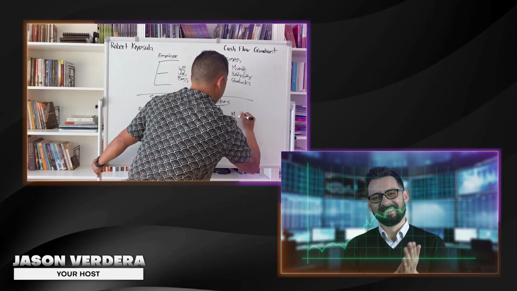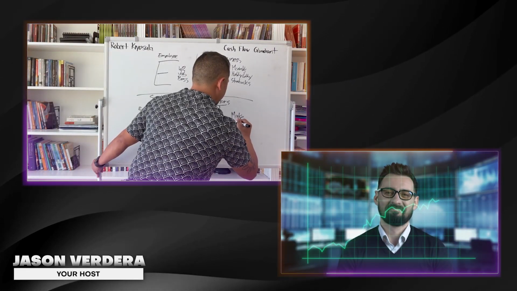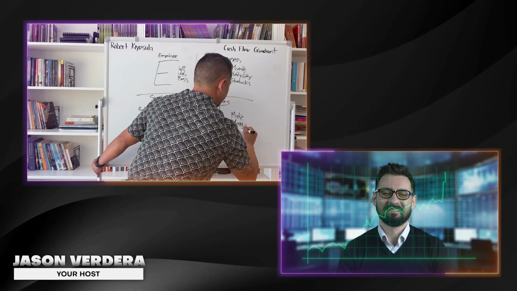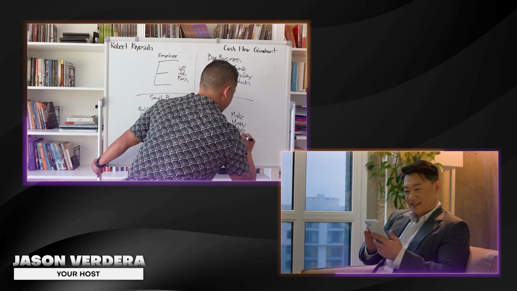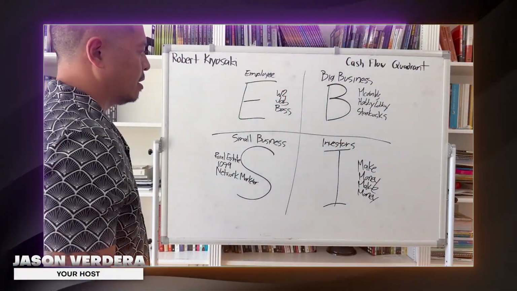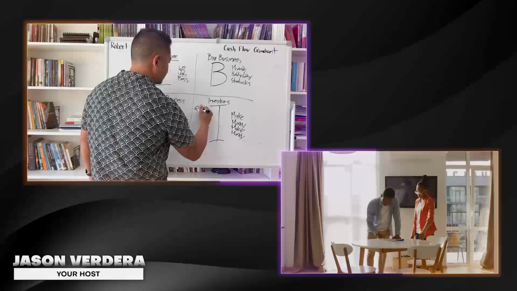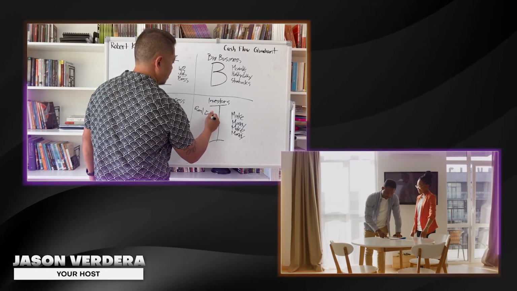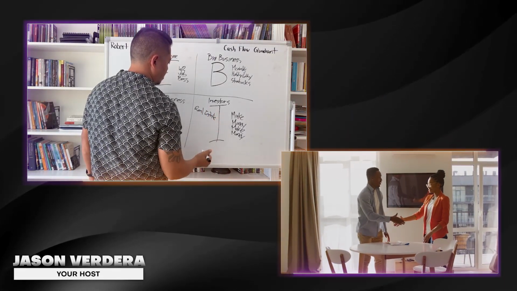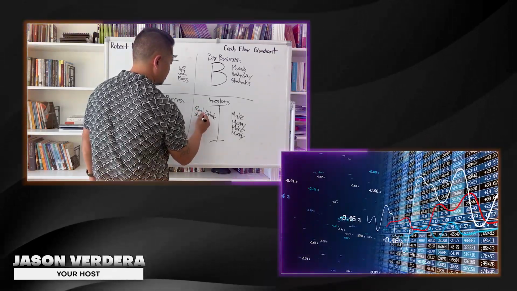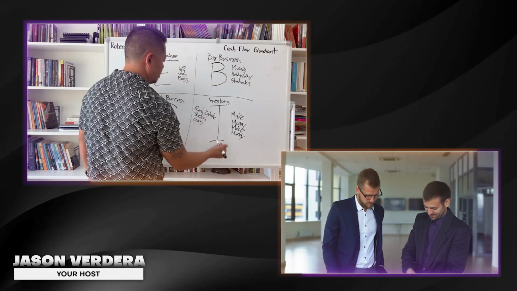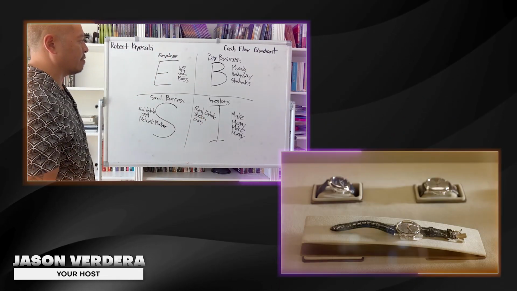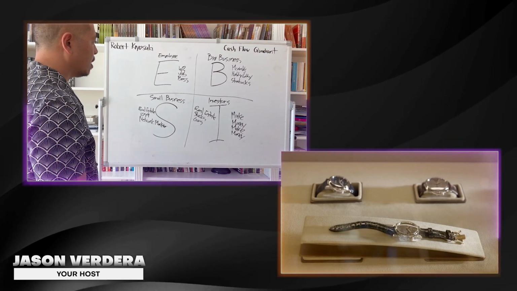And then we have our investors. What identifies an investor? These people make money from investing in stuff like real estate, stocks, bonds, mutual funds, cars, foreign exchange, watches.